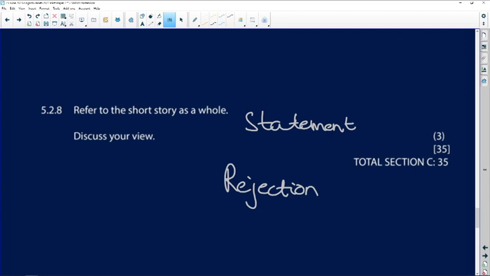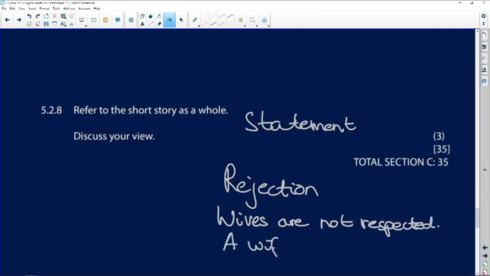But if we make a statement as a whole that wives are not respected, or a wife is not respected, let's make it singular. A wife is not respected, discuss your view. And so make a statement, and then you're going to practice that with your PEA.